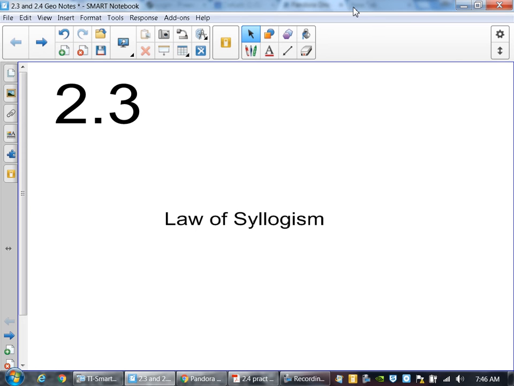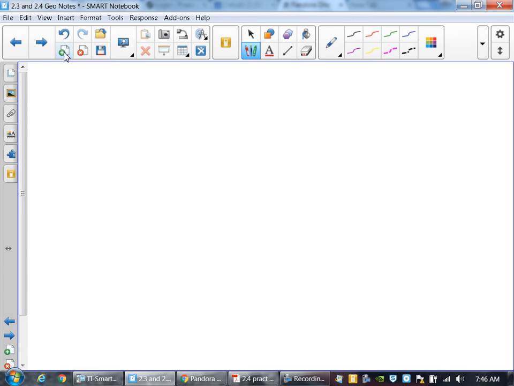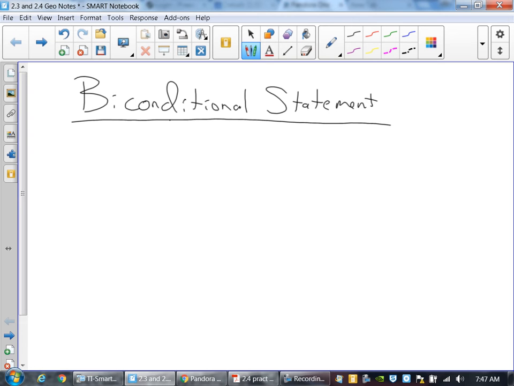Let's get into the law of syllogism, which is 2-3. I owe you guys this one last definition: a biconditional statement. Biconditional statements are ones you're going to see a lot because they have the words "if and only if" in them.